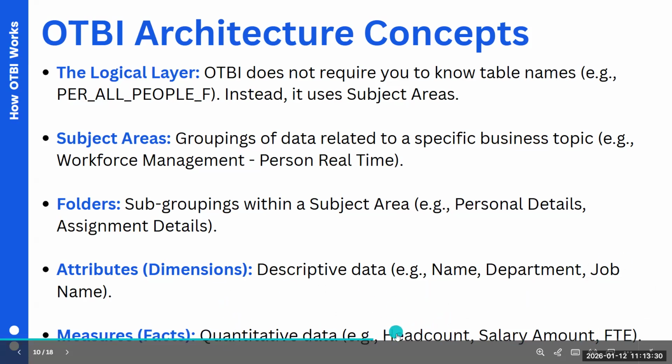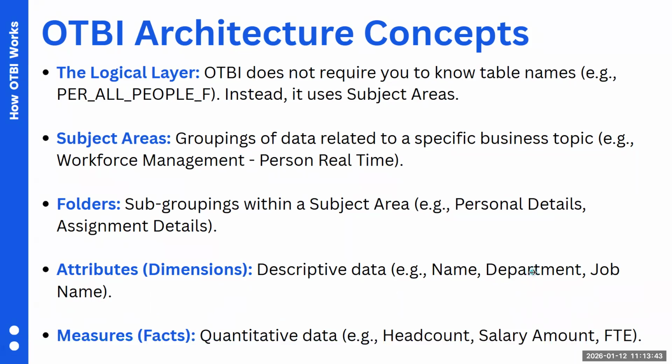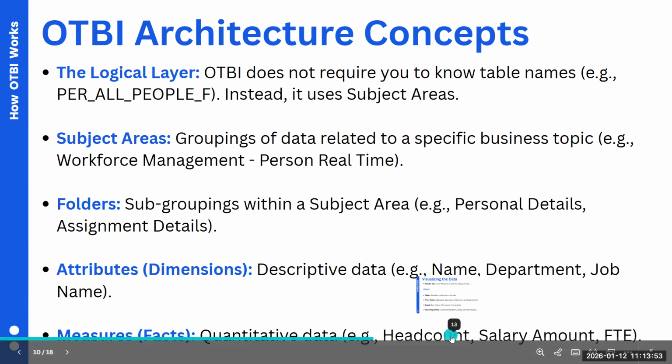Suppose you want to find the head count, salary amount, or full-time equivalent, whatever facts you want to know. Suppose I want to know the head count in a particular business unit, in a particular department, meaning how many people are working there. Today we are going to see exactly that. Head count is a fact.